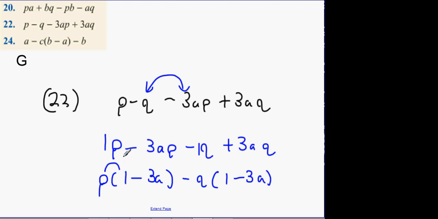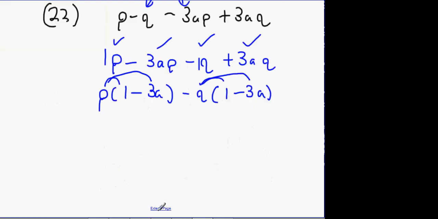P times 1, 1P. P times 3A, minus 3AP. Minus Q times 1, minus Q times minus 3A. Only when you do the check are you to move on to the next one. And what's the answer? P minus Q into?